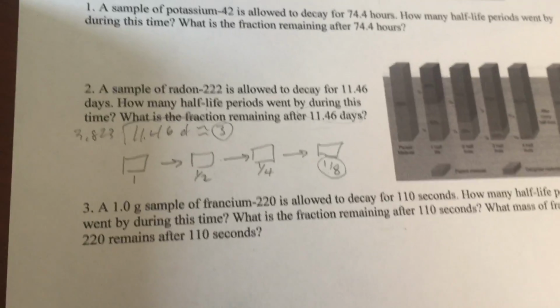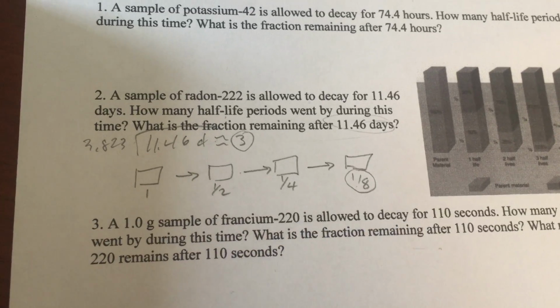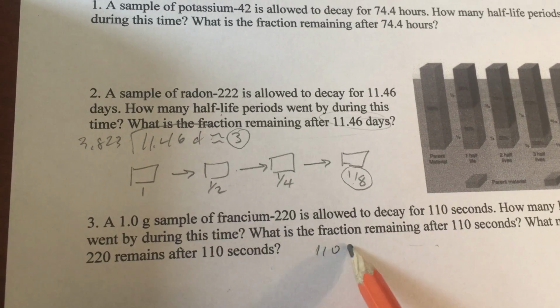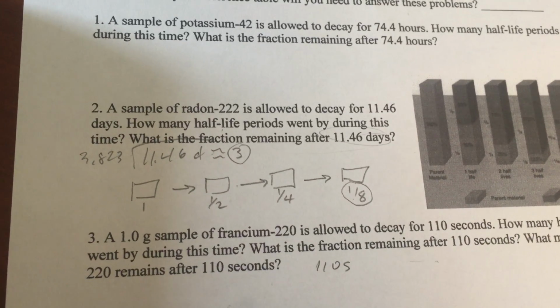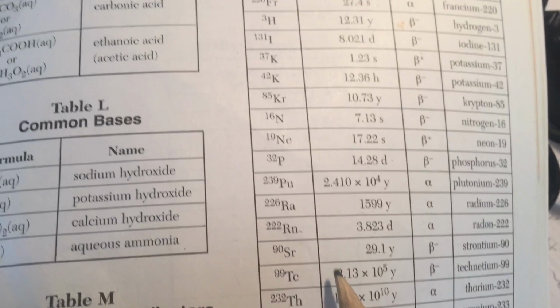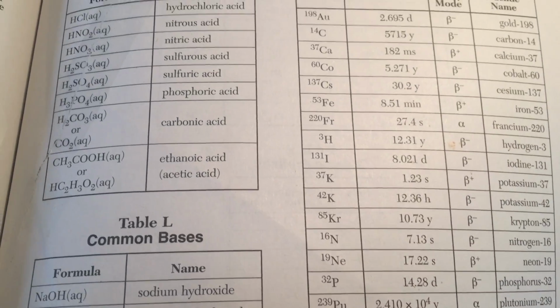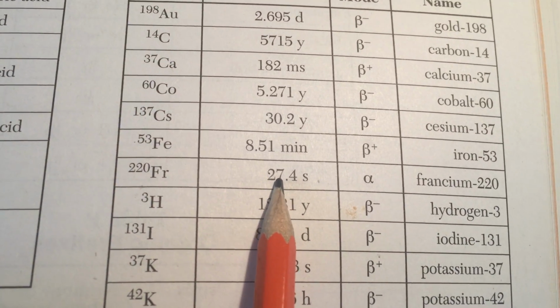How about number 3? A 1 gram sample of francium-220 is allowed to decay for 110 seconds. How many half-life periods went by during this time? So I have to look up francium-220. And francium-220 is right here. It has a half-life of 27.4 seconds.